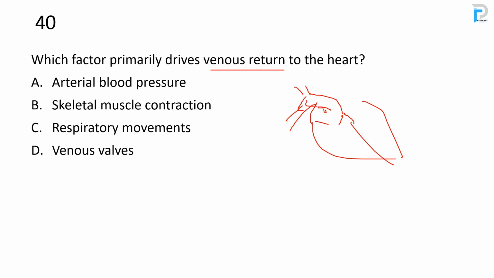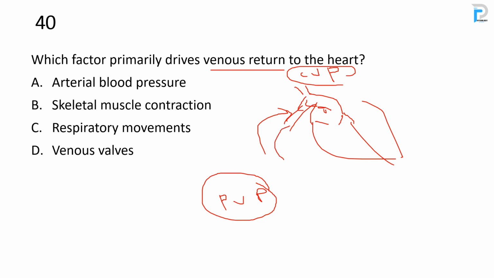So venous return to the heart depends on the pressure gradient between peripheral veins and the heart. So we have peripheral venous pressure, and we have central venous pressure, that is the pressure in the right atrium. So for the blood to flow back from peripheral veins to the right atrium, the peripheral venous pressure should be higher than the central venous pressure.